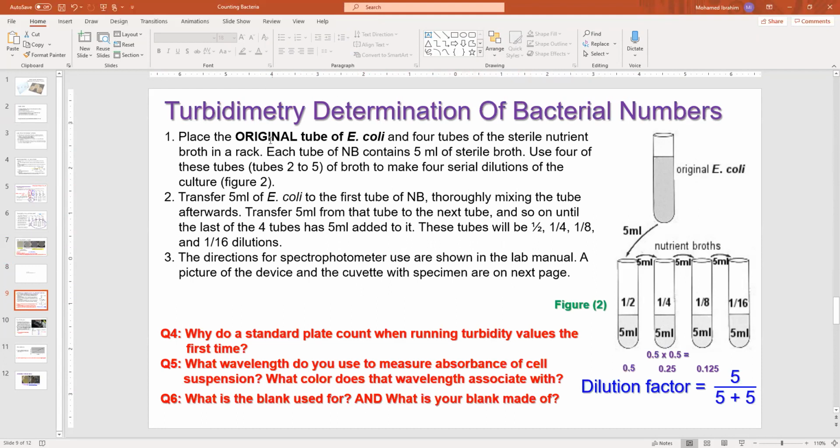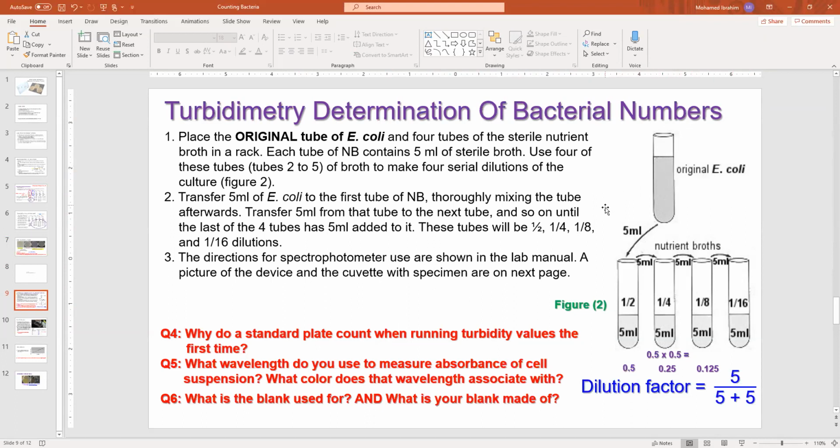So now we already have our E. coli culture, and we were able to get the colony forming unit for our E. coli per ml. The second step will be to get the turbidity. To do the turbidity, you are going to use the same E. coli culture that you are studying, and again you're going to do serial dilution from this. You can't take it directly and measure it.